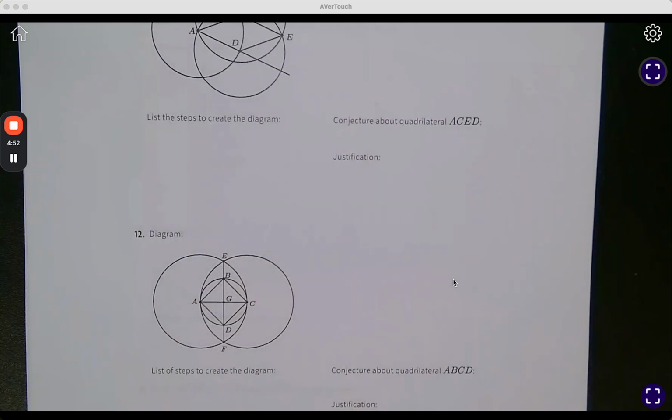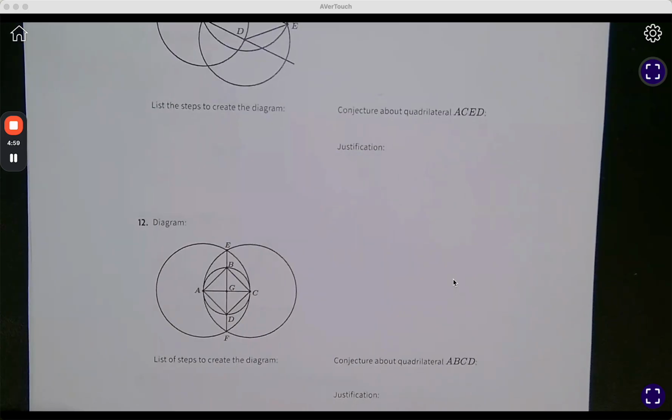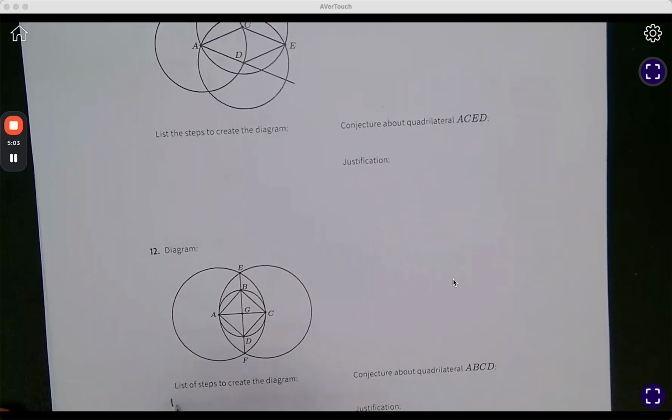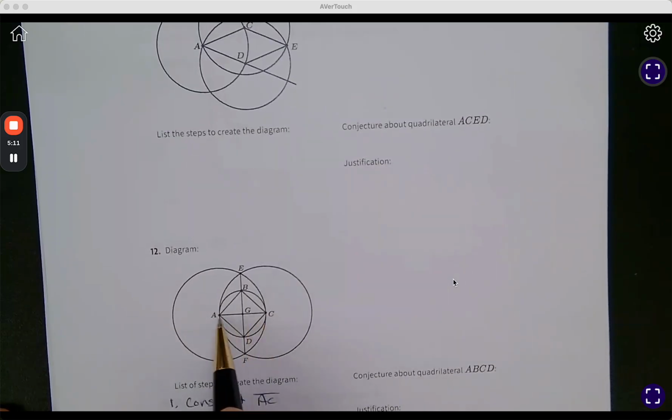Oh, look at number 12. All right. List the steps. Okay. Well, the first thing I would do is construct AC. So I would start with this middle line segment right there.